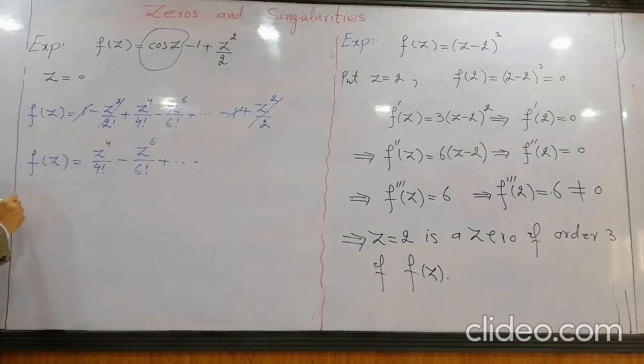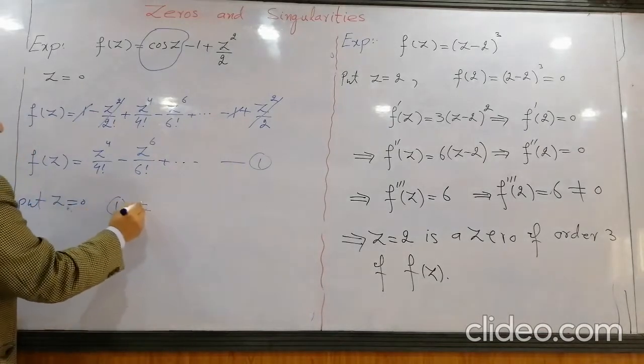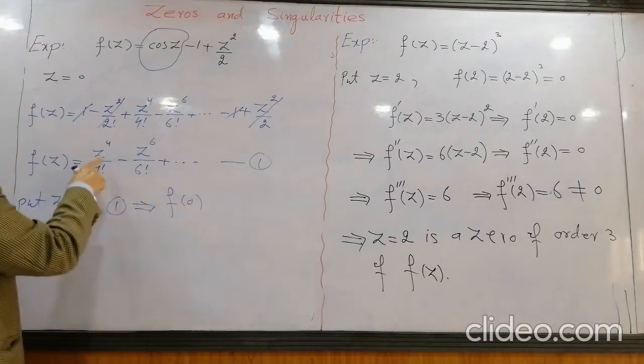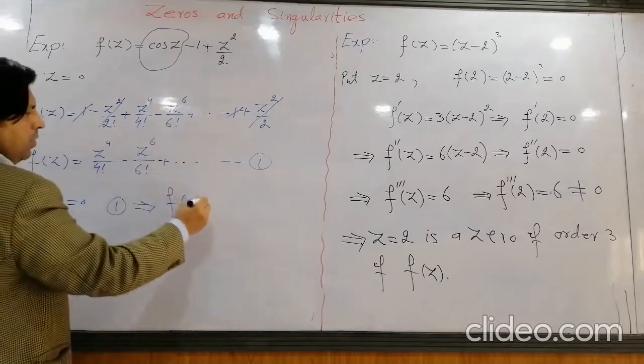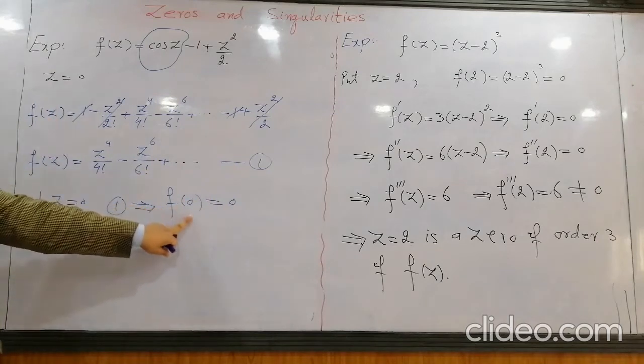Now if I put z is equal to 0 in this function, let this be 1, then from 1 I can write that f of 0 is equal to 0 and all will be 0. So I get that f of 0 is equal to 0.